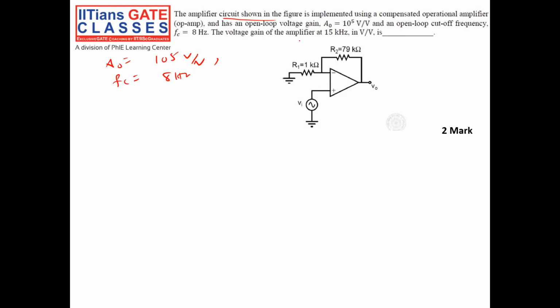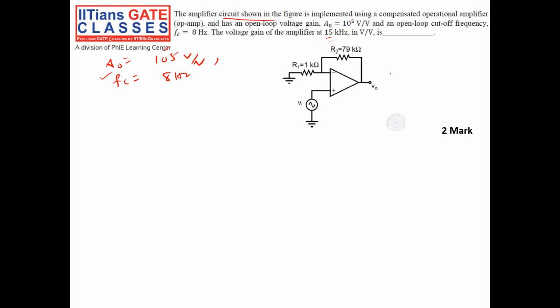We need the voltage gain of the amplifier at 15 kilohertz. So I have to calculate the closed loop voltage gain of the amplifier, if my open loop gain is this much and open loop cutoff frequency is this much.